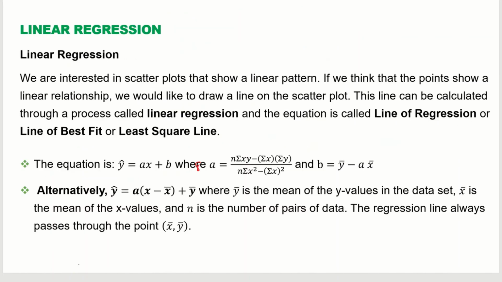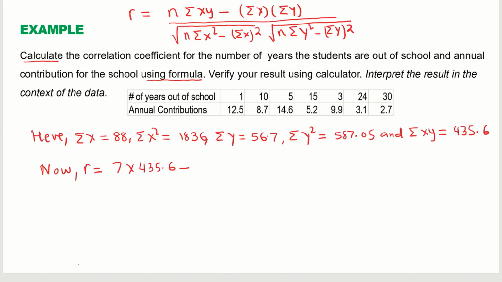Sum of x is 88 times sum of y. We have sum of y here, which is 56.7. That's what we have in the numerator. Divided by, in the denominator we have 2 square roots.